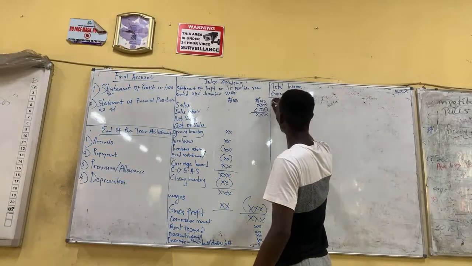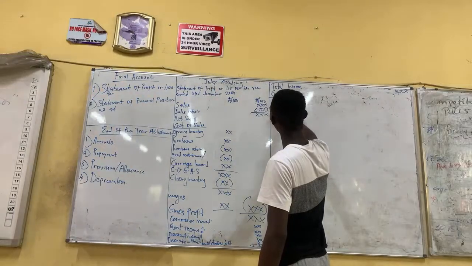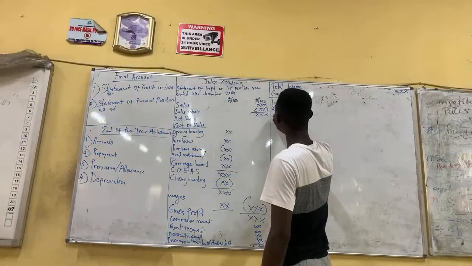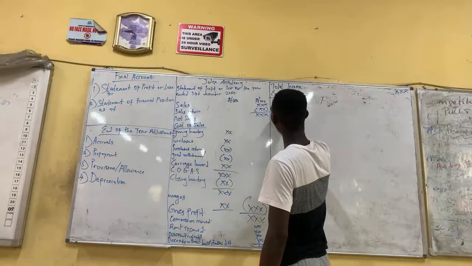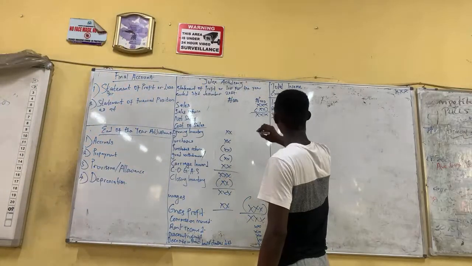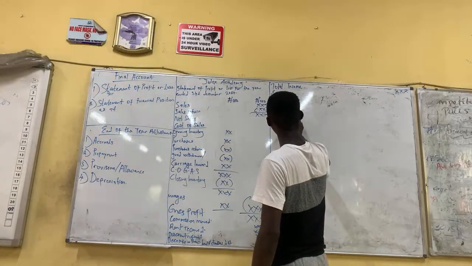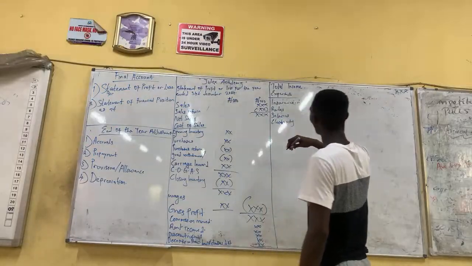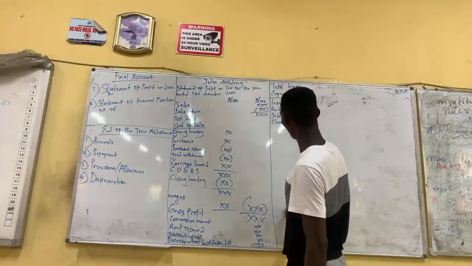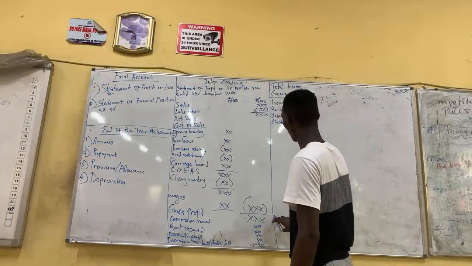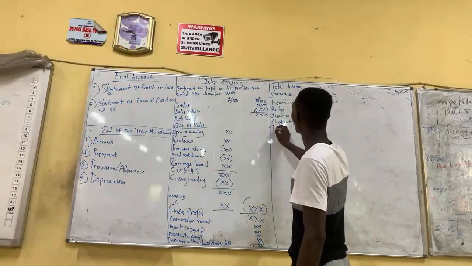So we have various expenses: insurance, rent, salaries, electricity, and the like. So you list every possible expense that you know. Transportation.